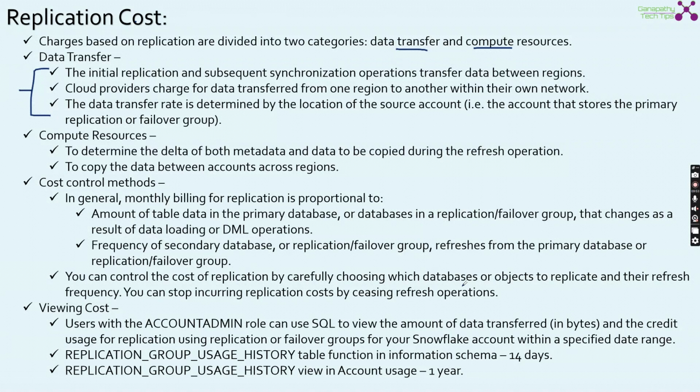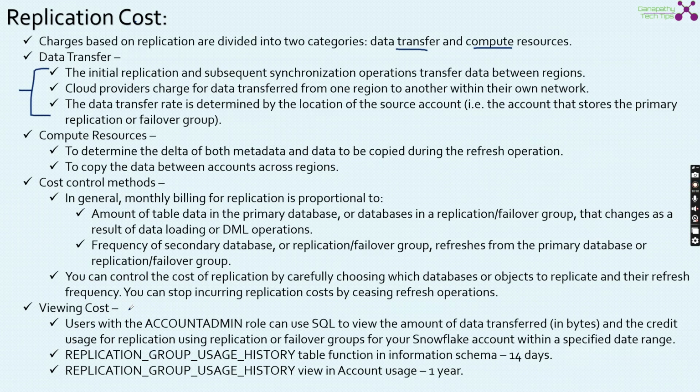Meaning, you don't want to replicate all of your data from your primary to secondary. Whatever mission-critical data you want to save in a secondary region, only that data you can enable replication for. By enabling only that sensitive data or a small fraction of data, you can save a lot of cost using replication. That is what is mentioned in these statements.